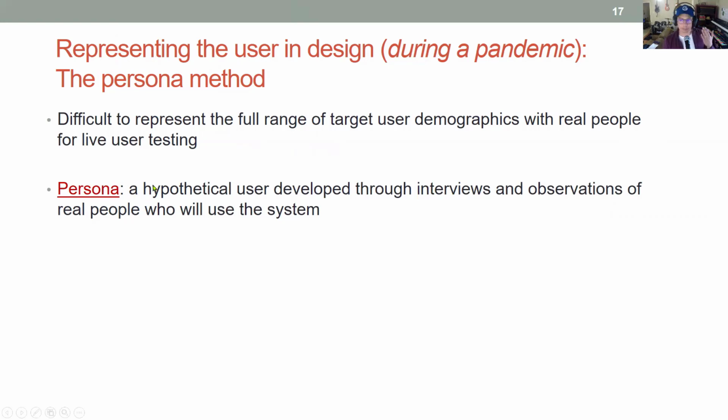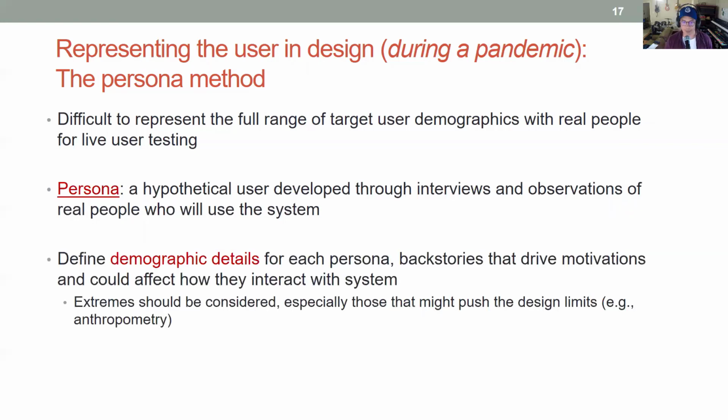So the persona method is the definition of this hypothetical character, this user of your system, which could be informed by demographic data you collected, but however you get to it, a lot of times it's a completely fabricated person. And then you don't feel bad making fun of them, I guess. It's not a real person. But you do want demographic details.